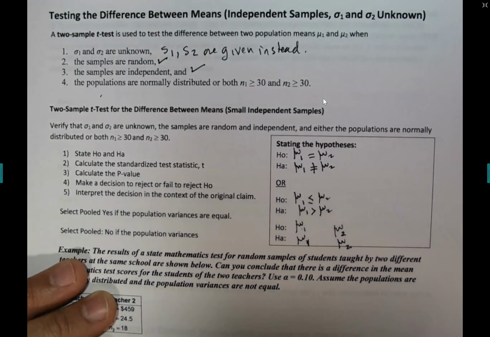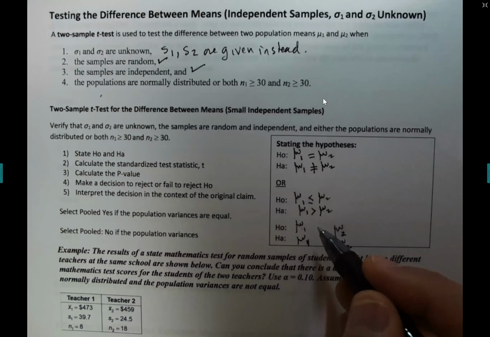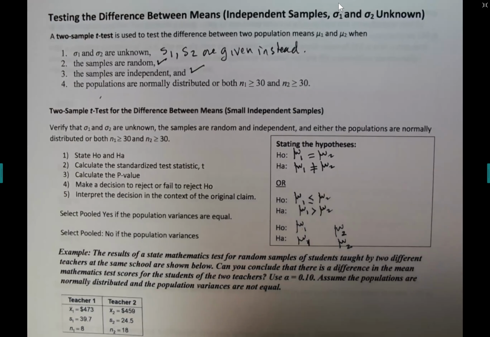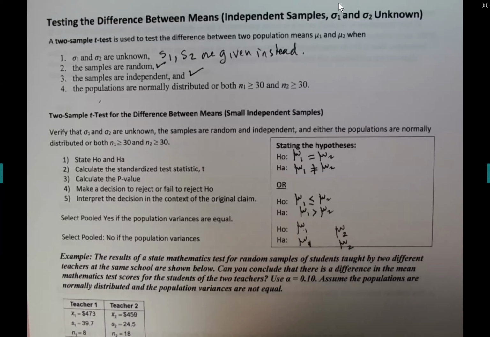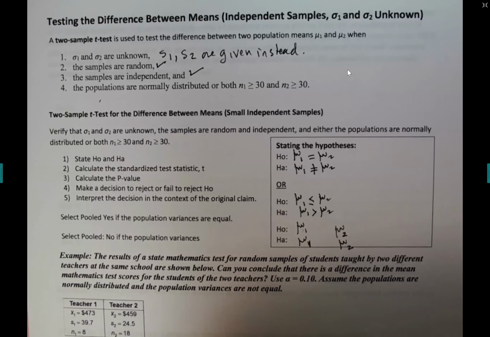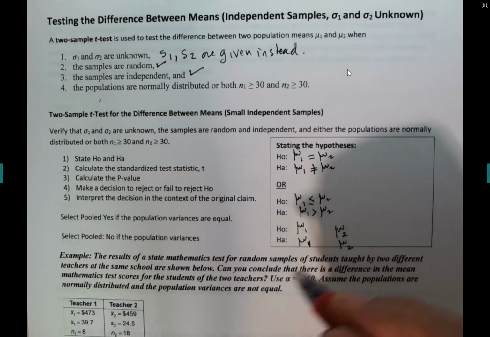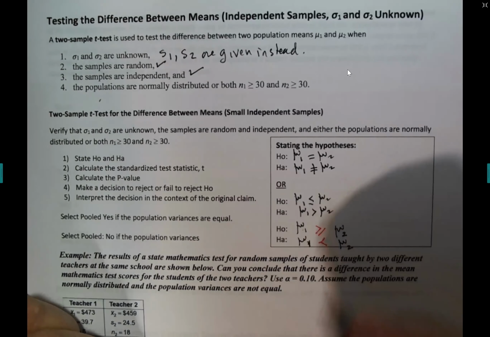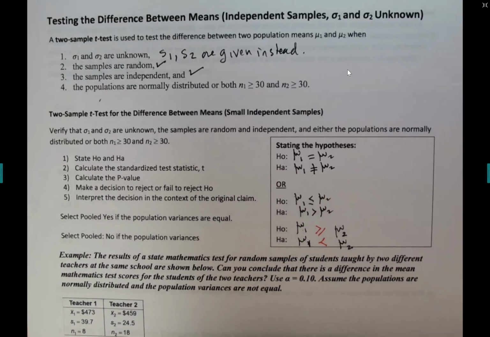So what would be the sign right here? Greater than or equal to? Yeah. We use red. Just pick one of the three, guys. That's it. It's the same as the previous section.